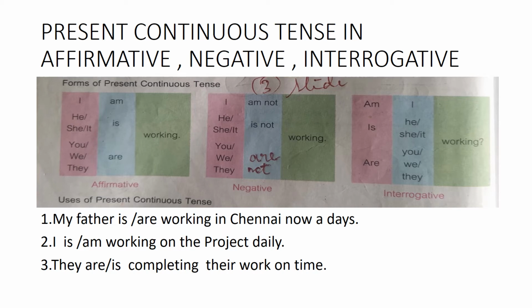The subject they does not agree with the verb is completing. Correct sentence is, they are completing their work on time. If the subject is singular, the verb must be singular. If the subject is plural, the verb must be plural.